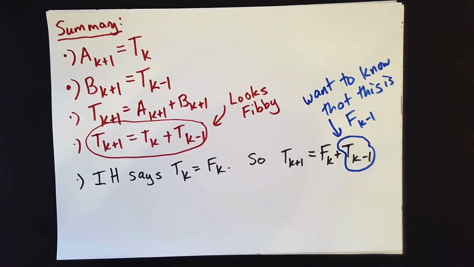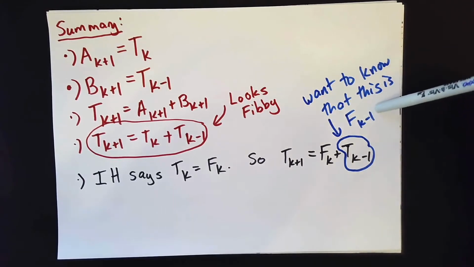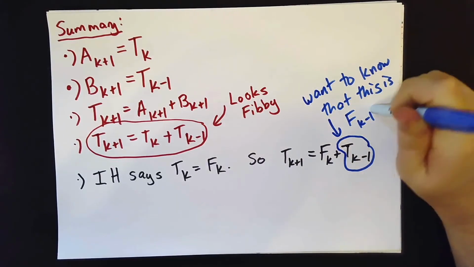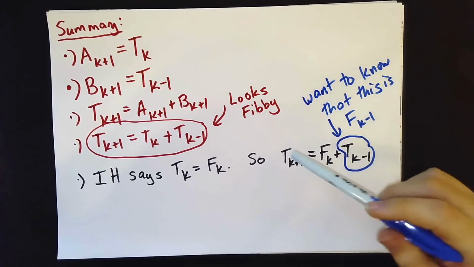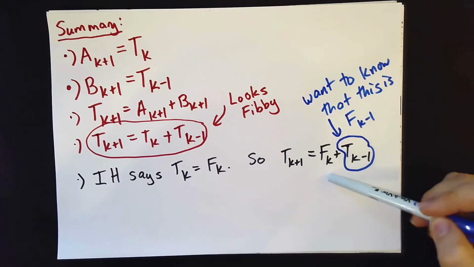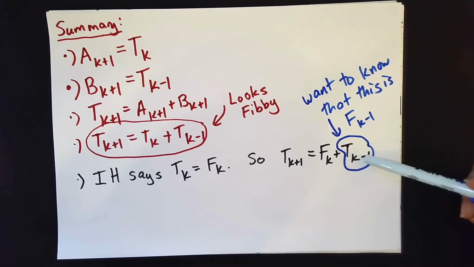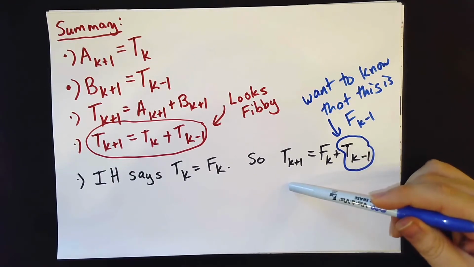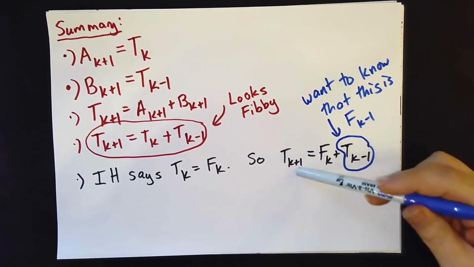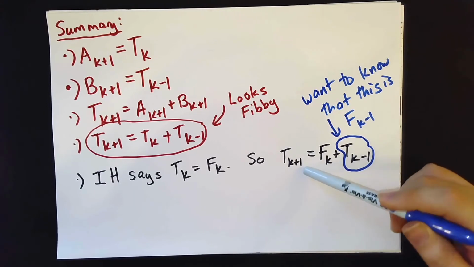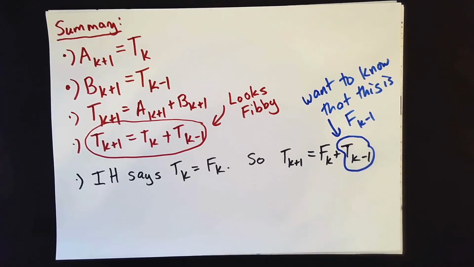Why do I want to know that? Because if I did know that, then t sub k plus 1 is the sum of the kth Fibonacci number and the k minus first Fibonacci number. But by definition, that sum is the k plus first Fibonacci number. So that would exactly say that t sub k plus 1 was f sub k plus 1, and then we would be done.